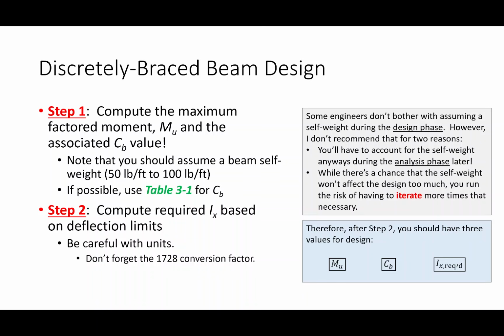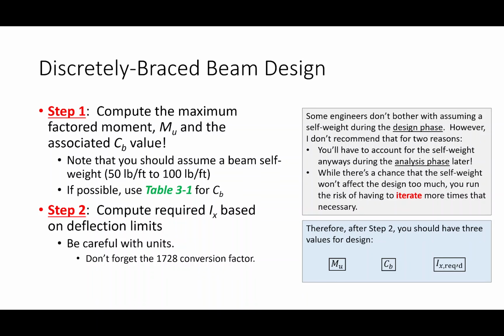So what we need to do is, when we're doing our structural analysis, get our maximum factored moment. I guess I should put up here the maximum factored shear too, although up until now we've realized that shear hasn't really affected beam selection, so we do it, but not really that big of a deal. And then we need to get our associated CB value, okay?